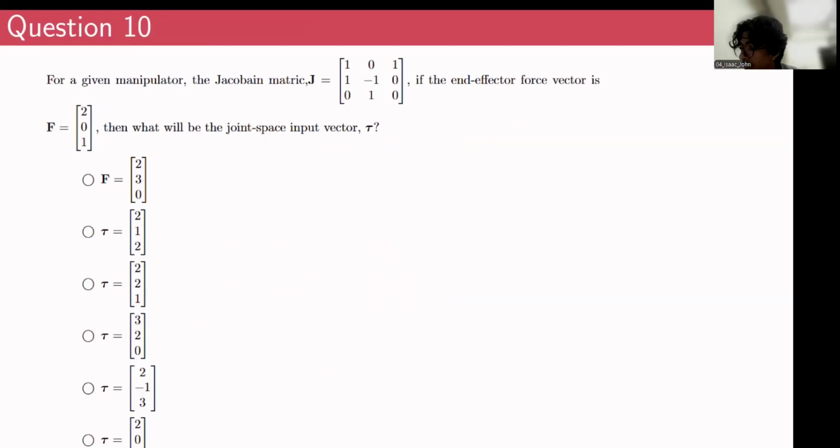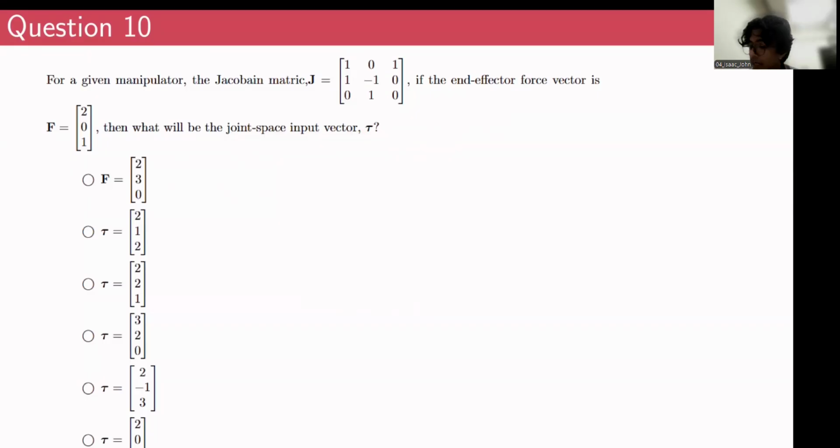For a manipulator, a Jacobian matrix is given as so. If the end effector force is given as this vector F, what will be the joint space input vector tau?